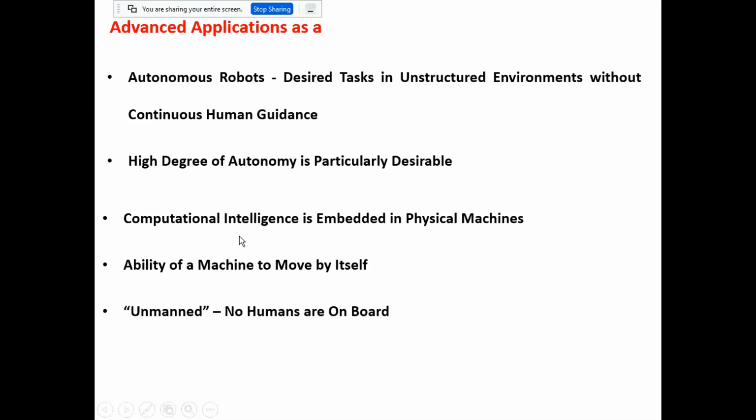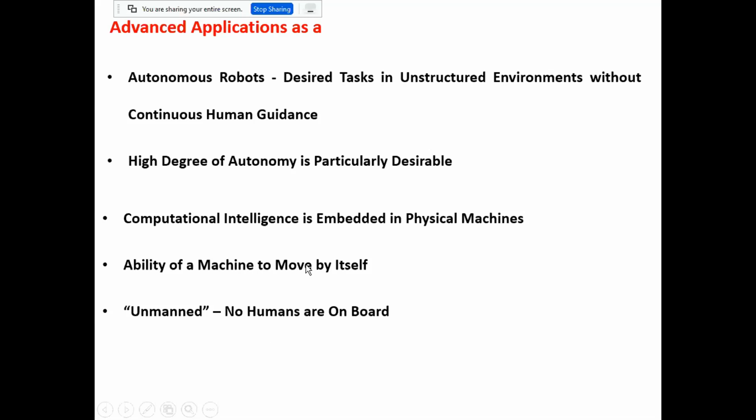So what you have to do? The computational intelligence is embedded in the physical machines, creating a system with capabilities far exceeding the core component alone. That is, able to carry out tasks that are unachievable by conventional machines or even by humans working with conventional tools.